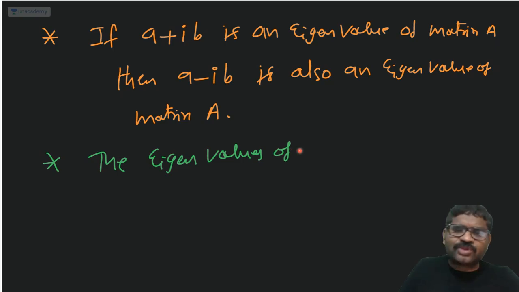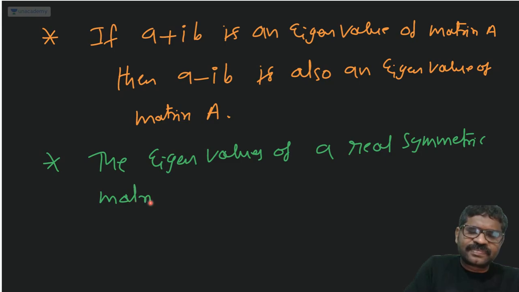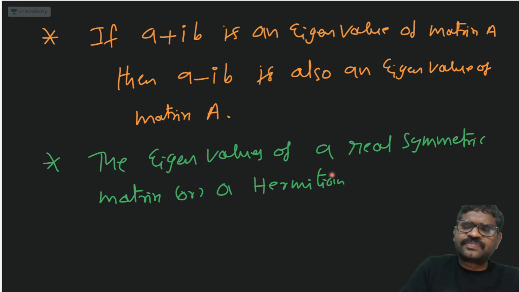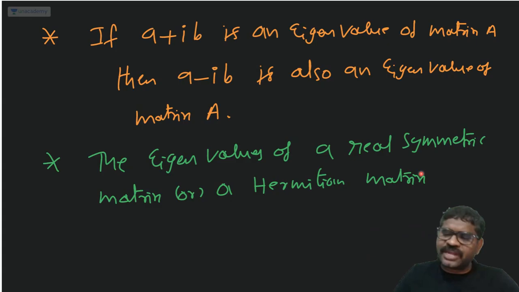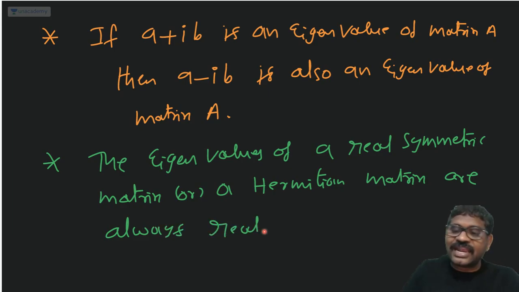The eigenvalues of a real symmetric matrix or a Hermitian matrix are always real.